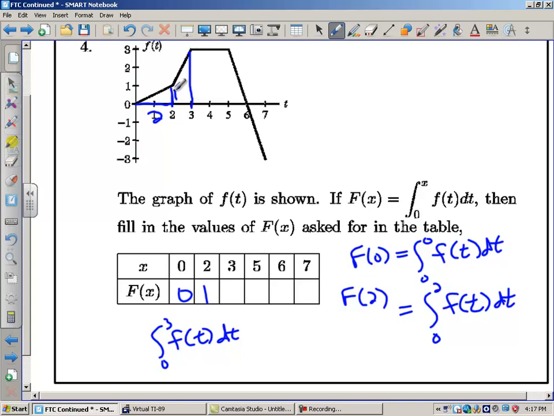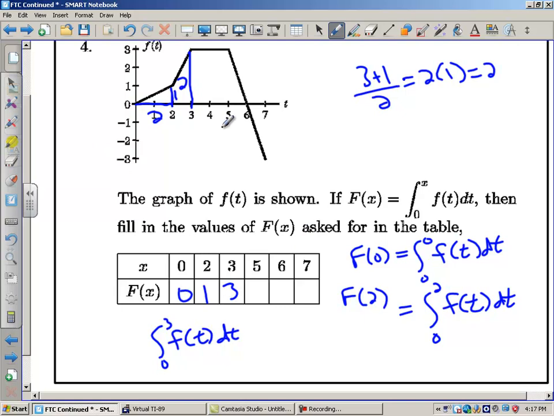Well, one of the bases is 3, the other base is 1, so 3 plus 1 divided by 2 is averaging the bases, and then we're going to multiply that times the height. And so that has an area of 2 inside here, but we have to add that to this integral because we want to find the total area under the curve.